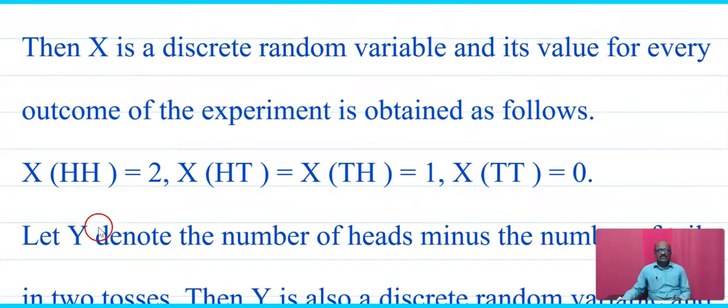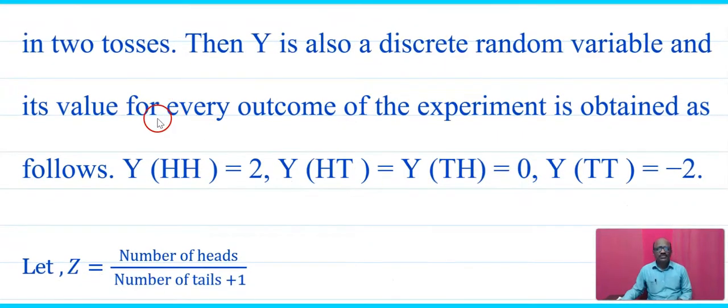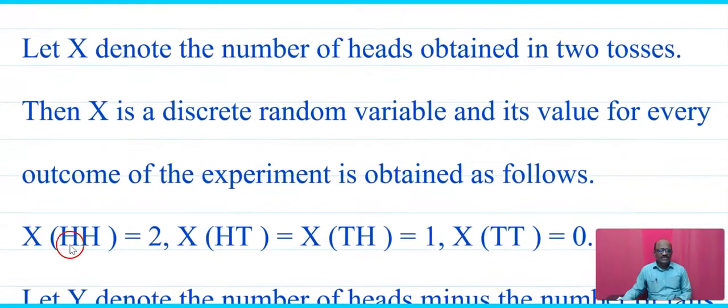If we select the head, then for HH its value is 2, for HT and TH it is 1, and for TT it is 0. Let Y denote the number of heads minus the number of tails in the two tosses. Then Y is a discrete random variable and its value for every outcome of the experiment is obtained as follows.